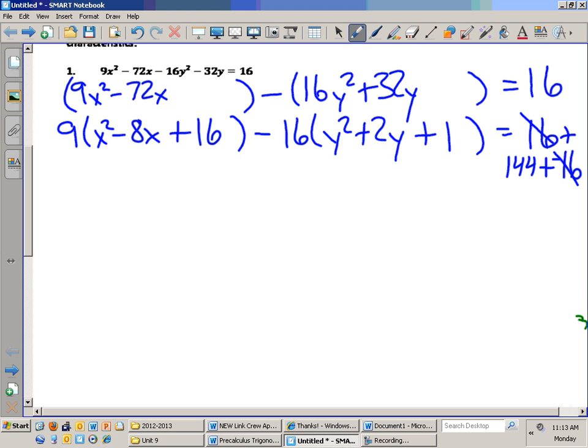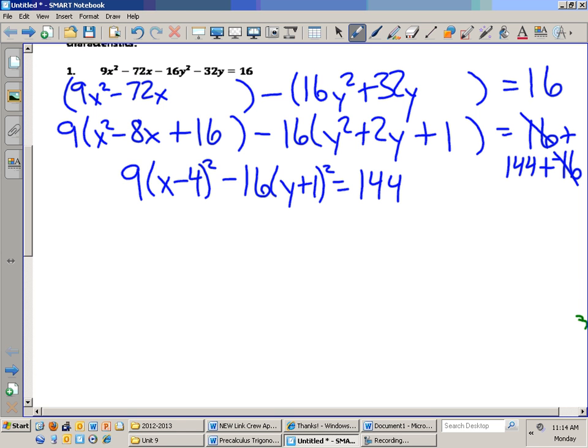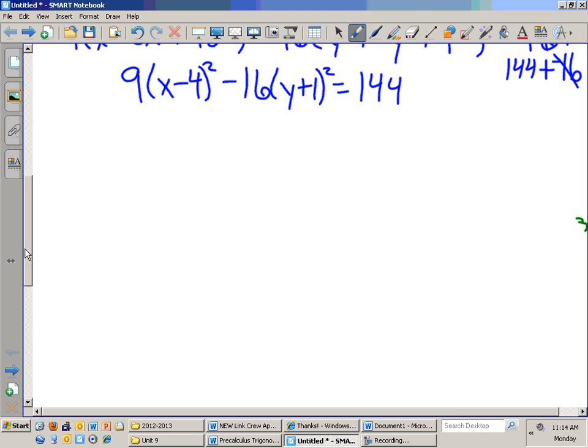So now the square is completed. Now we just write in its factored form 9 times x minus 4 quantity squared minus 16 times y plus 1 quantity squared equals 144. And what's the last thing I need to do? Divide by 144.